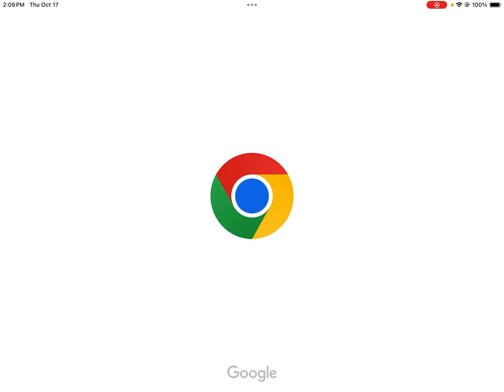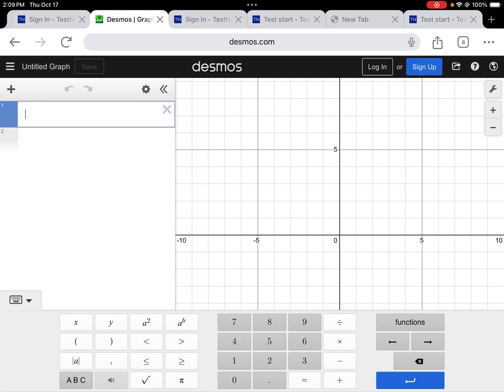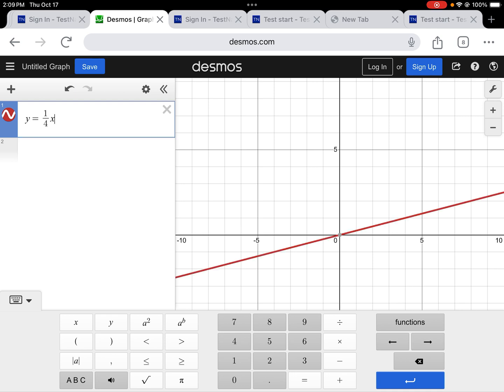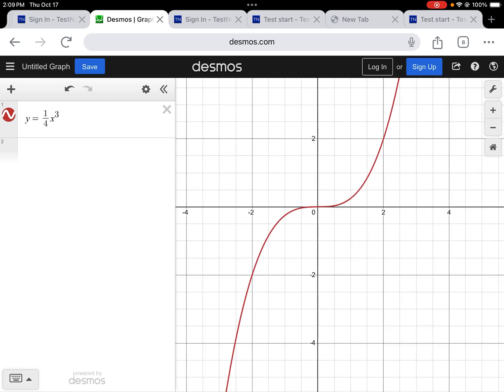So if we go to Desmos, and we go y equals 1/4 x to the third power, and look at it, okay, this right here is the ordered pair 2, 2.